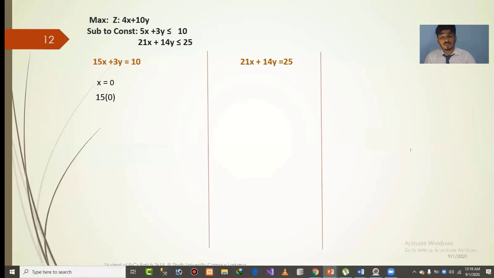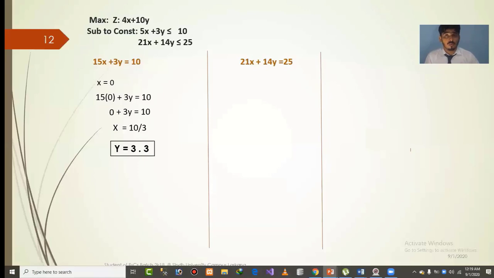Now put 0 in place of x. So 15 multiplied by 0 plus 3y is equal to 10. The next step: 15 multiplied by 0 is 0, and the remaining equation is the same. So now we have the coordinate of y.